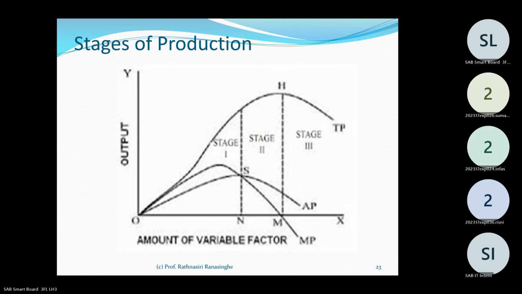We don't know exactly where he produces, that depends on the cost and market conditions. But for the rational producer, in terms of physical output and marginal productivity, he produces in the stage 2 region in order to maximize the output. Okay? Is it clear? Any questions?